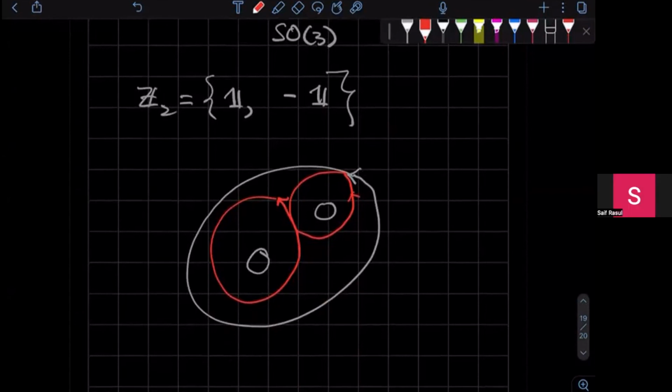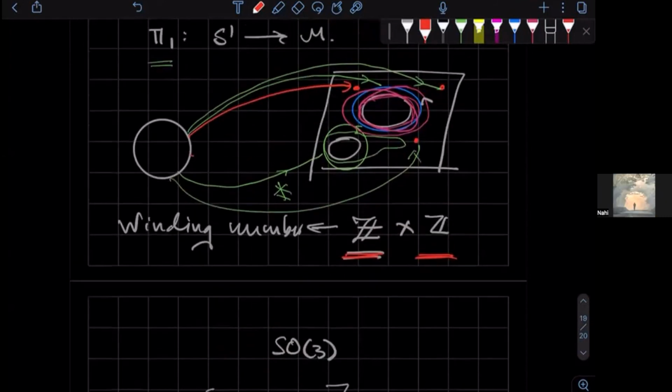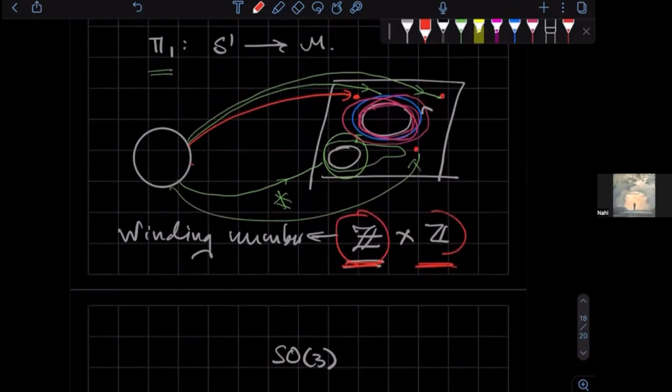Sir, if SO3 has a fundamental group that's isomorphic to Z2, does that mean that it has two holes? No. This guy has two holes. SO3 doesn't have any holes. It's just not a simply connected space.